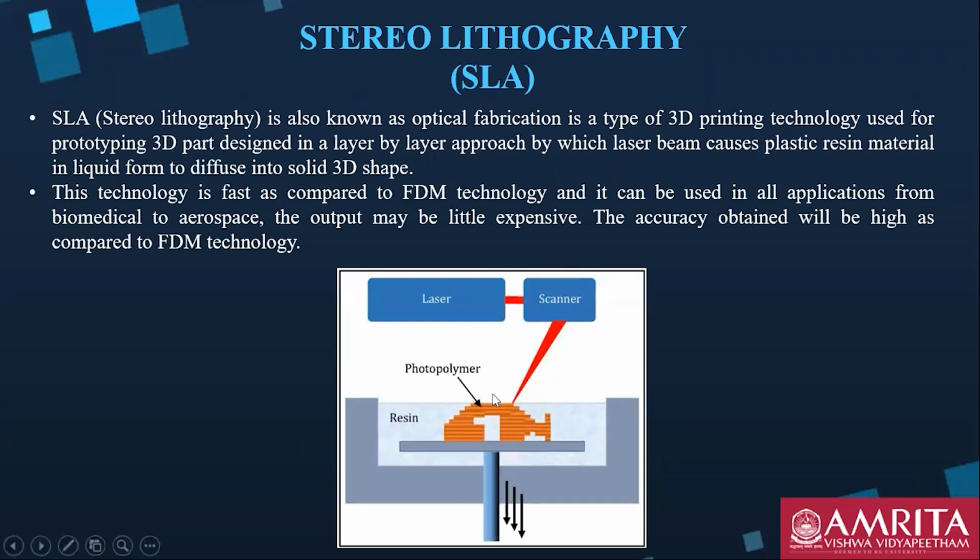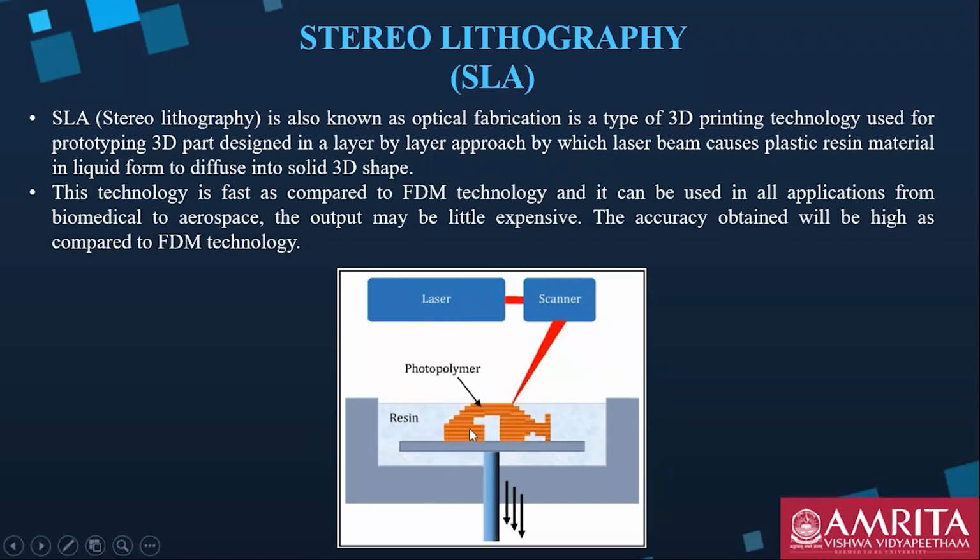How is the 3D object made in this case? When the UV laser light is focused on this resin, it hardens. It has a property that it absorbs the energy, and through cross-linking of the polymer chains, it hardens.